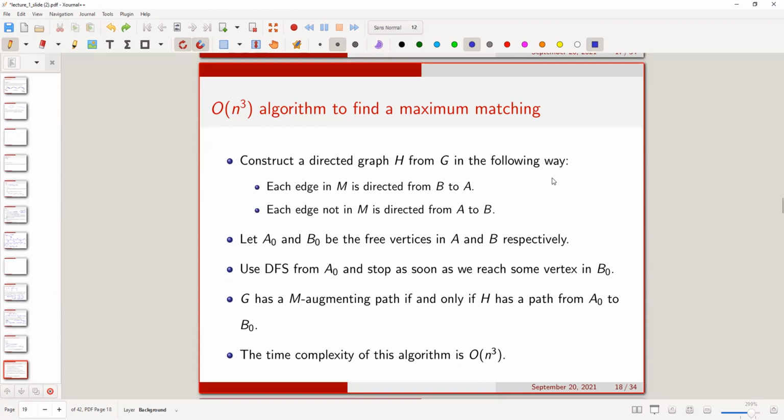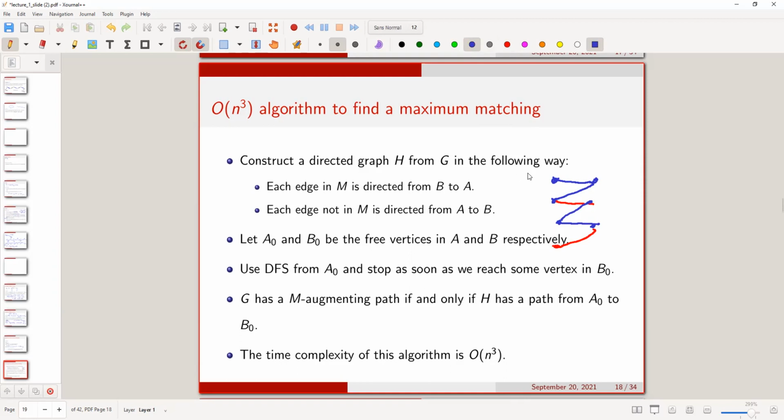So suppose we have a graph G on some vertices, and the red edges are the matched edges and the blue edges are the unmatched edges. Okay, so suppose this is the graph.